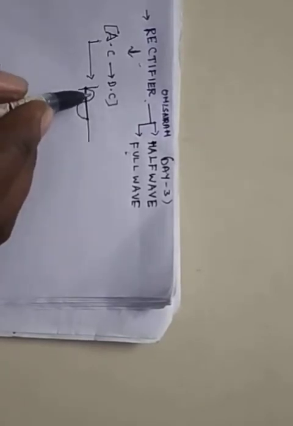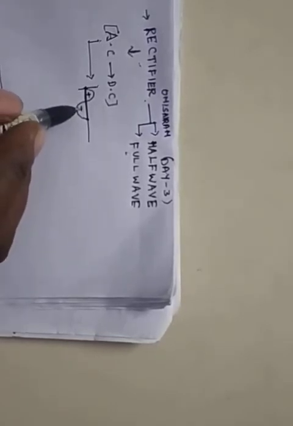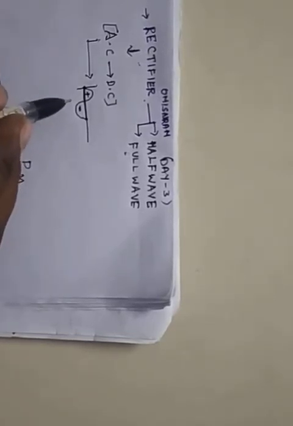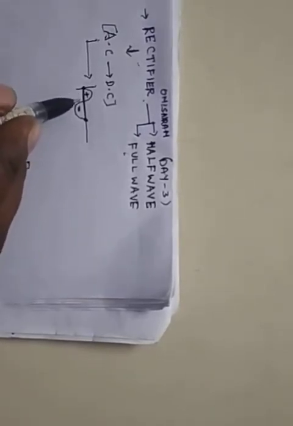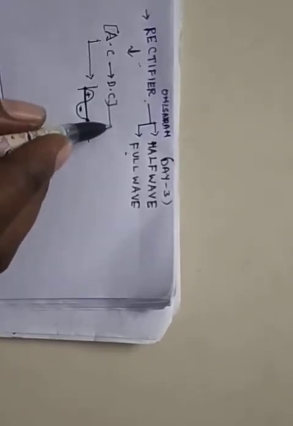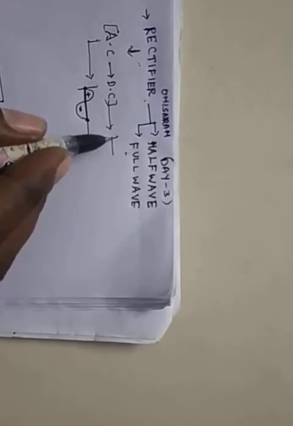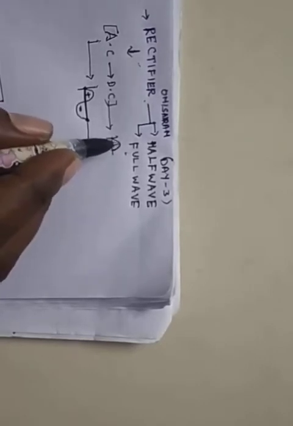It also contains one positive half cycle and one negative half cycle. In AC, the input is emitted in the form of a cycle with one positive half cycle and one negative half cycle. Whereas in DC, only the pulse will come out.